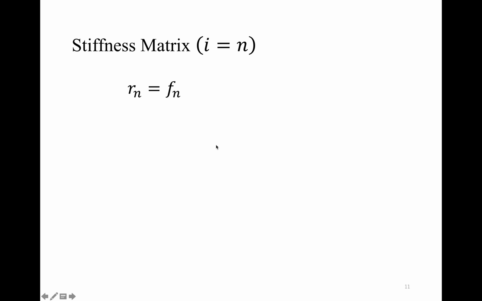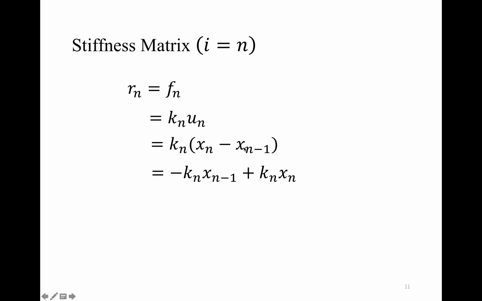For the case of i equals n, the top floor, Rn equals Fn, which equals Kn Un, and Un equals xn minus x(n-1). So for the top floor it is minus Kn x(n-1) plus Kn xn.